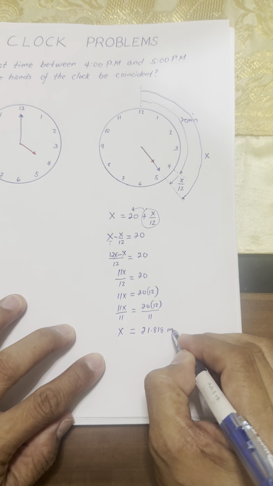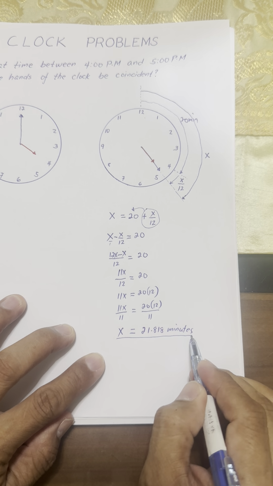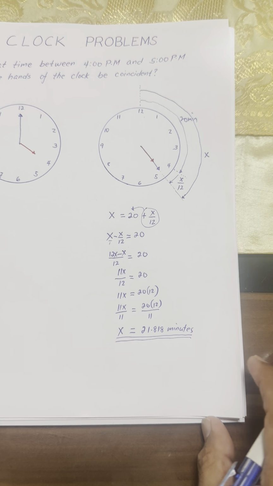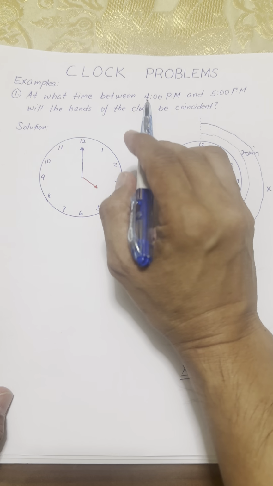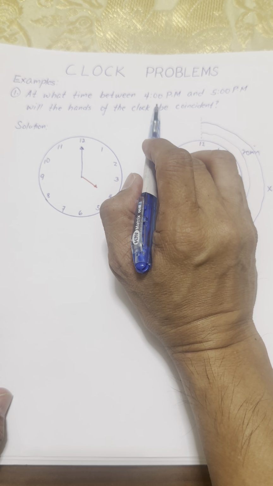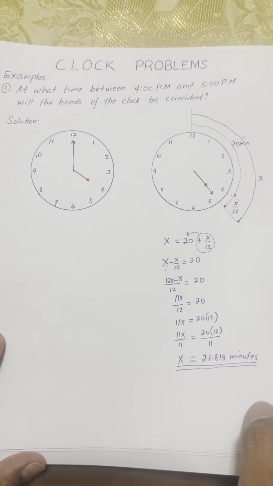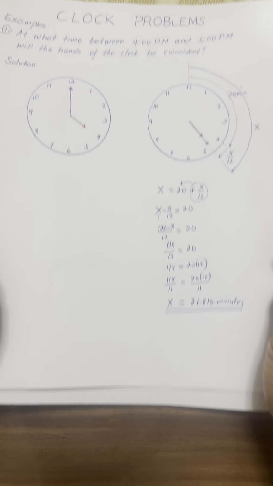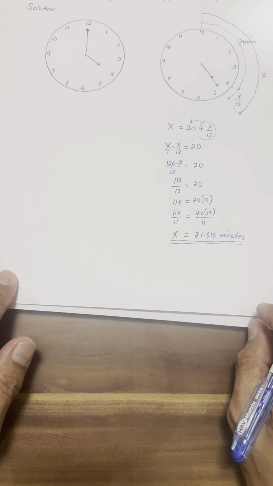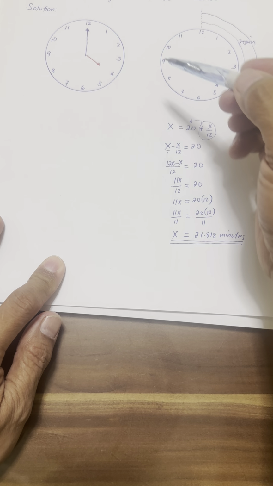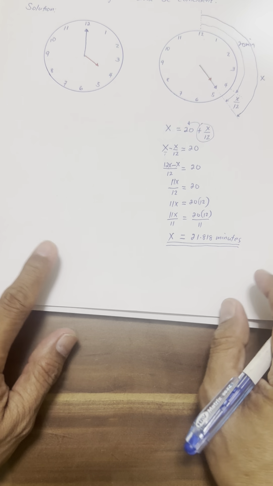So x is equal to 21.818 minutes. Be careful, this is not yet the answer we're looking for, because the problem asks at what time between 4 and 5 p.m. We just got the number of minutes, but that's not yet the final answer. We have to solve for the time. Since the time is between 4 and 5, it should be past 4.